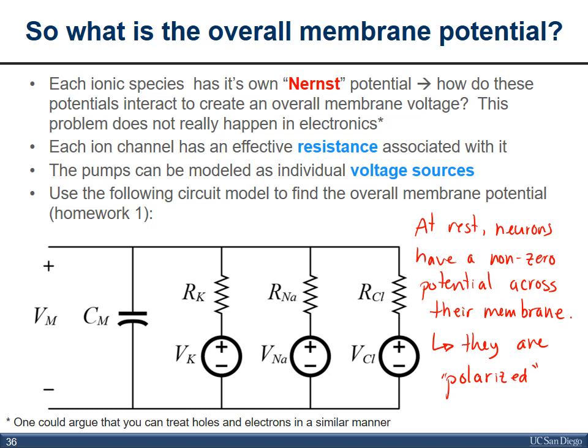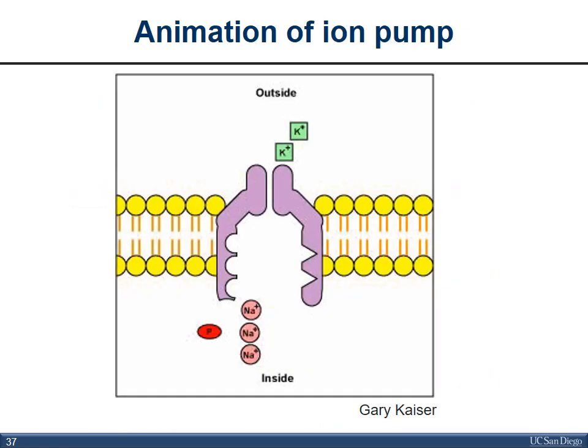Okay. So before we get into a little bit more details here, I'd like to just briefly describe, with a little bit of cartoons here, what these pumps actually look like. So this is an animation. Hopefully it's going to play on my slide here. Yes, there it goes. So here we get some sodium ions going in.